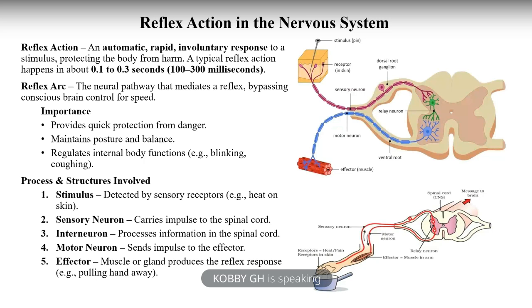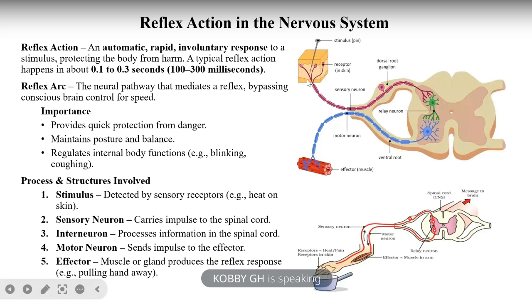For the structures involved, we have the stimulus, which could be a hot object. You can have a physical stimulus, a chemical stimulus, or a thermal stimulus. Then we have the sensory neuron. So this is a pin stimulating a part of the body, the skin.